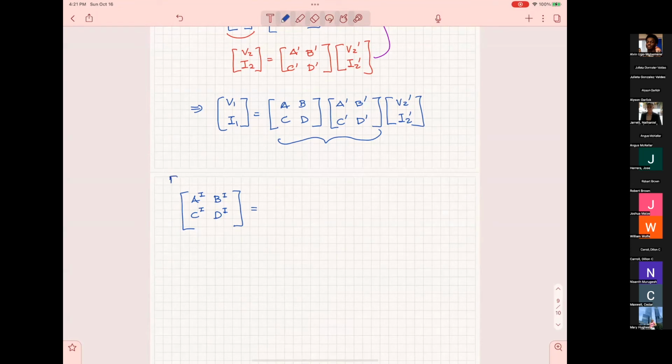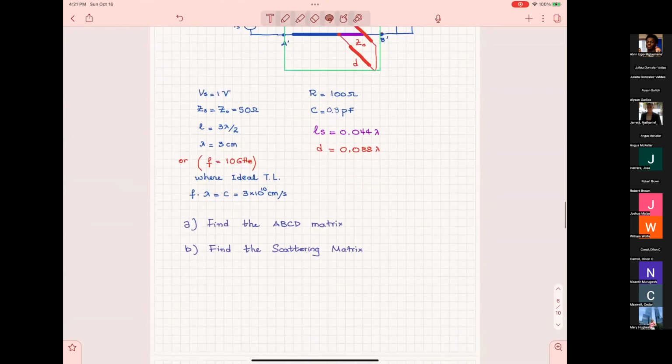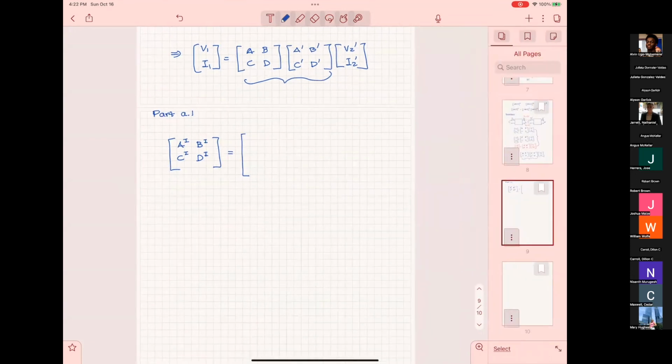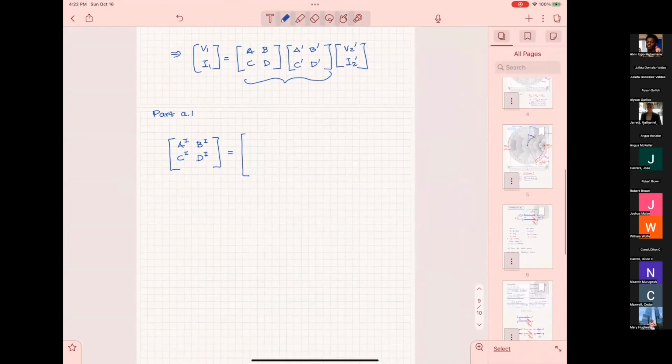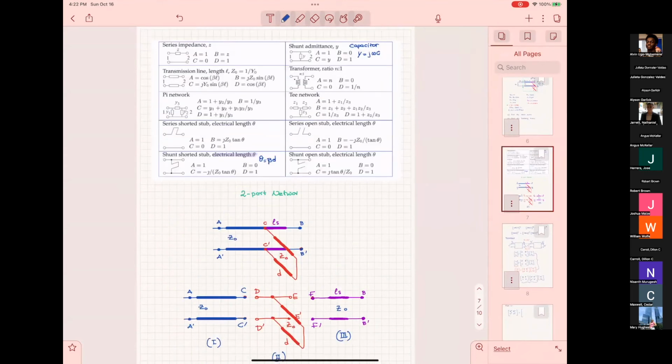Okay, part A.1. That is then one section. It's cosine beta L, j sine.